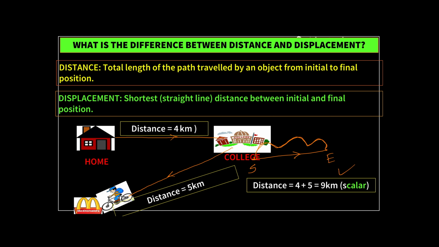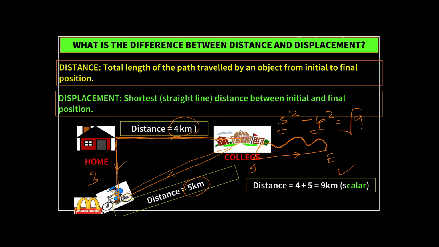But displacement means a straight line joining the starting point and ending point. How do we find it? You can see here there is a right angle triangle. You know the hypotenuse. You know one of the sides. And how do you get the other side? c square minus, which is 5 square minus 4 square. That will give you 25, take away 16, which is 9, square root of 9.